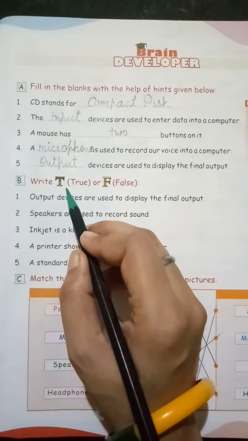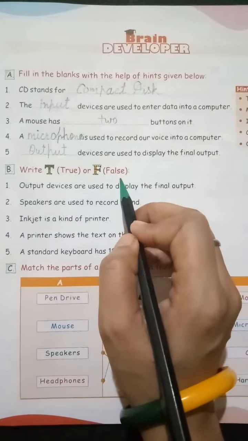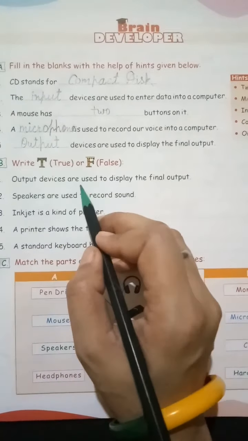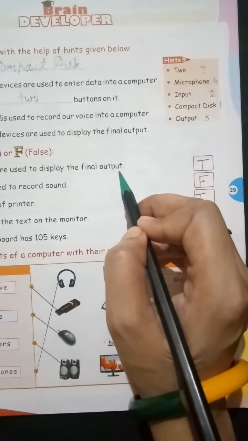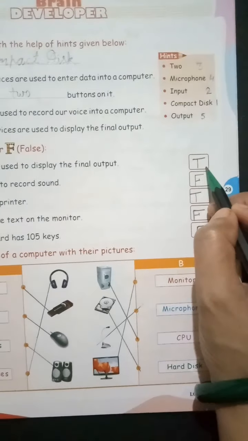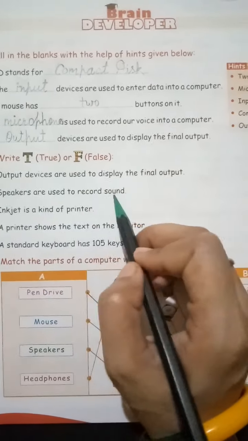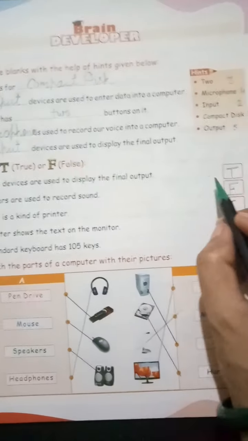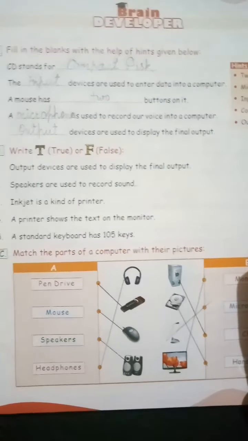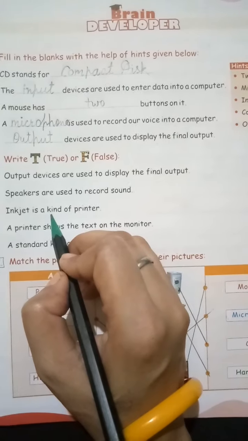Question B, write T for true or F for false. First, output devices are used to display the final output. So it's true. Speakers are used to record sound. No, so it's false. Inkjet is a kind of printer. True.